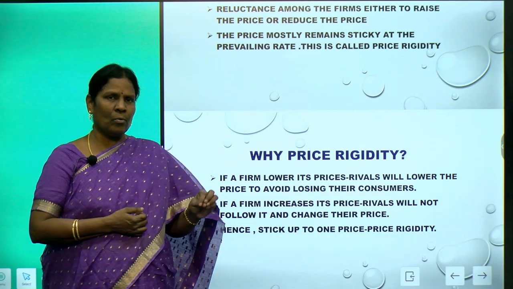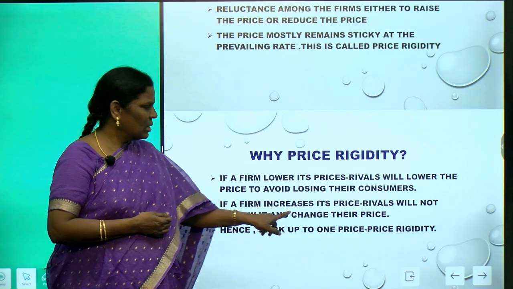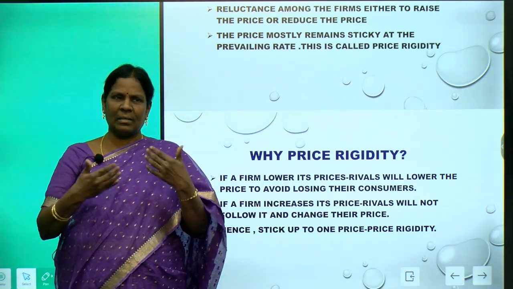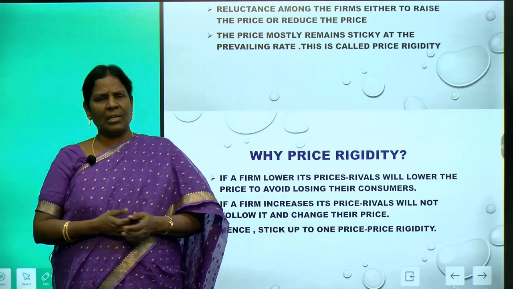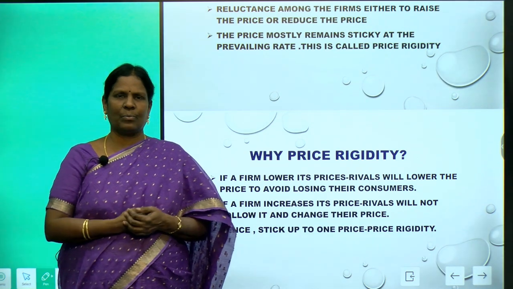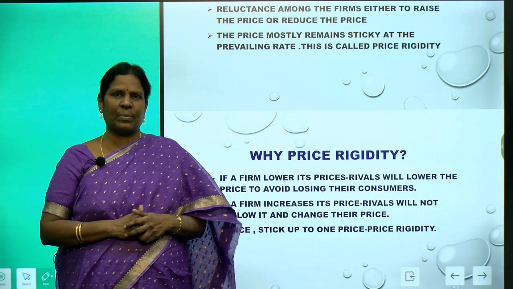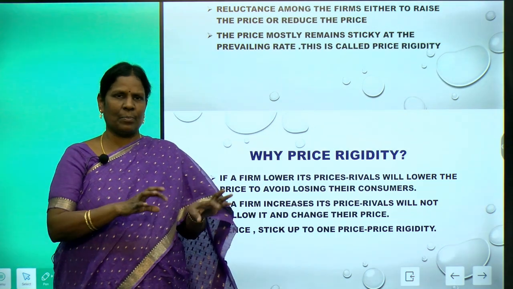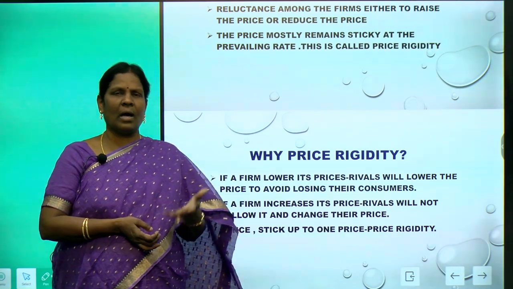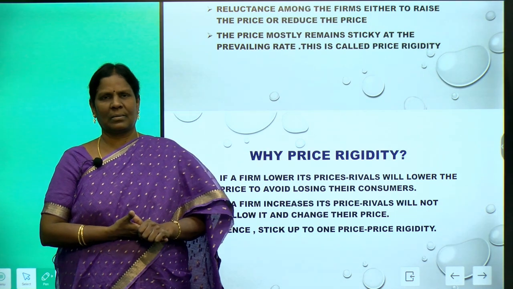So no firm decreases the price. At the same time no firm is willing to increase the price, because if any firm increases the price to get profits, other firms don't want to raise their prices. Instead they stick to the existing price, and the firms that increased the price start to lose customers.